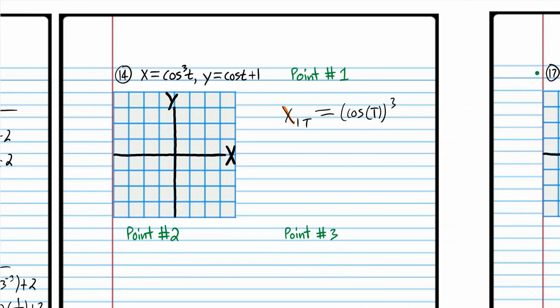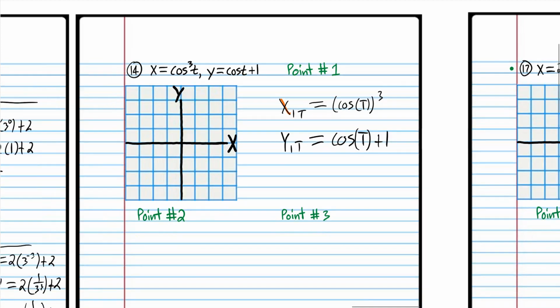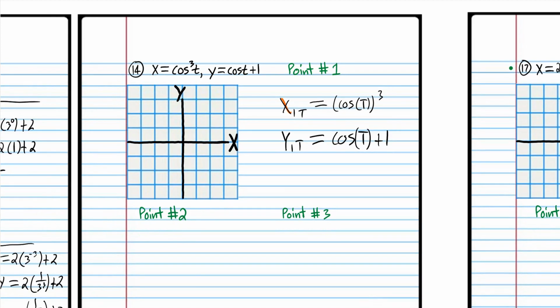All right. Then you go down to the next equation, and you're going to need a right parenthesis. So your equation should look like this. All right. And then we're going to press graph.